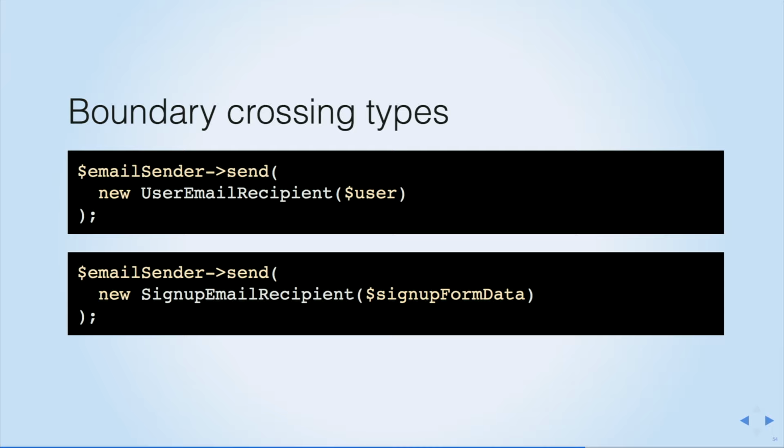The benefit of doing stuff like this comes over time. When you want to add things like complying with GDPR and making sure that the user's been opted in, when you're passing in an email recipient object, you can trace back from where it's used to where it's created, and then add the appropriate code in the user email recipient or sign-up email recipient object to add an is-user-opted-in check, instead of having to look across the whole of your application to trace where stuff's coming from.